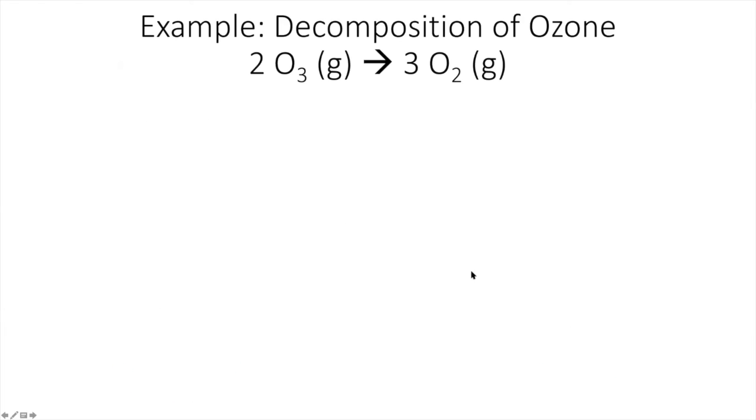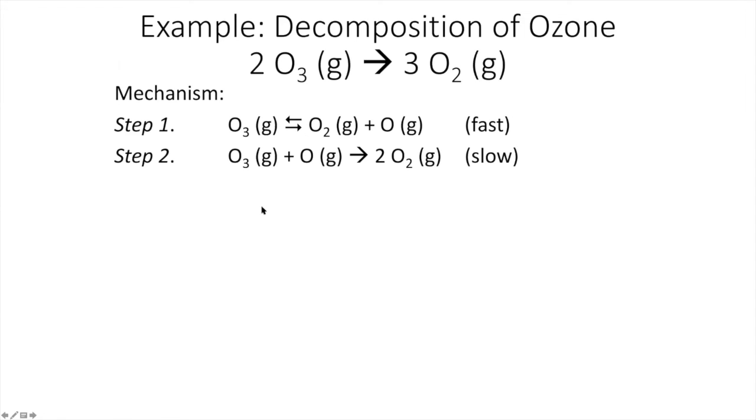All right, so here's just another example. In this case, we have the decomposition of ozone. Ozone is this molecule that's in the upper atmosphere that shields the Earth from a lot of harmful UV radiation. And it can decompose into oxygen according to this reaction. But it happens in two steps, and one of those steps is an equilibrium fast step.